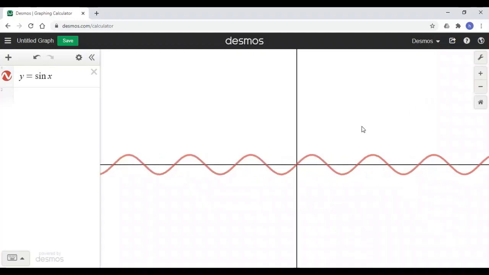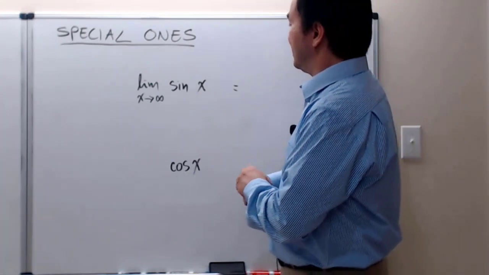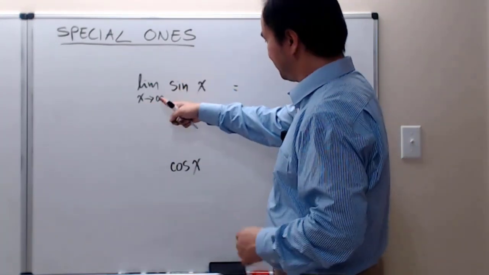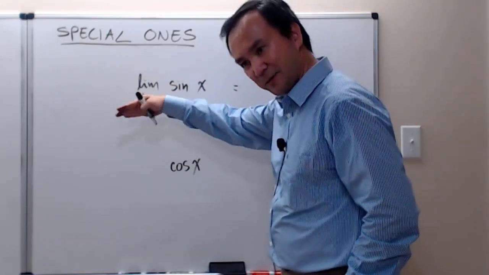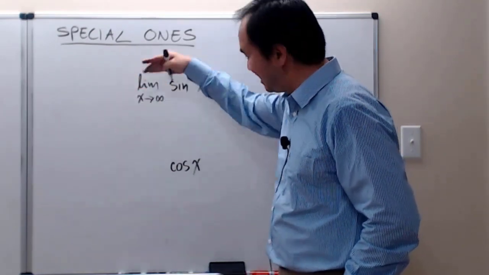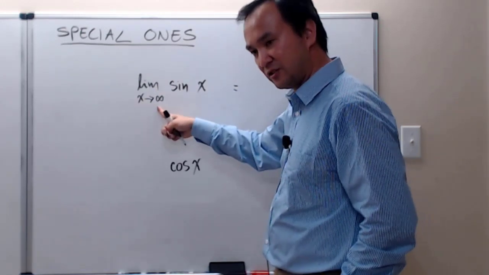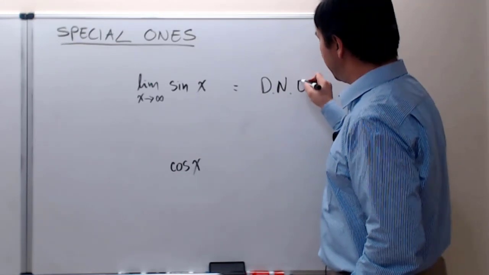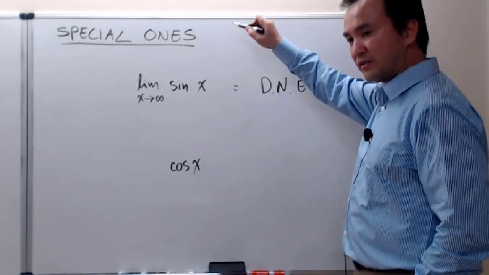And so with this nature of our sine function, coming back to my board here, I can say that for the limit of sine of x as x goes to positive infinity, the answer is does not exist, because it keeps bouncing up, bouncing down.